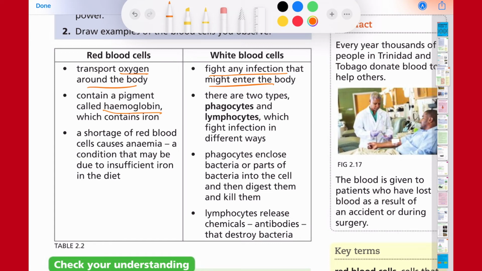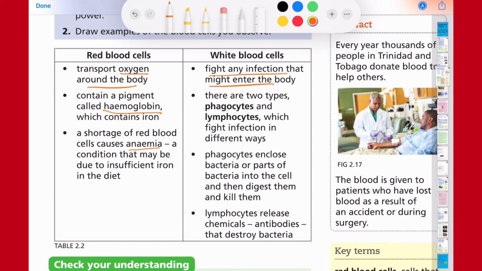A shortage of red blood cells causes anemia. So if anybody is anemic, they would be recommended to take iron supplements, right? A condition that may be due to insufficient iron in the diet. So you must eat enough foods that are rich in iron, such as green leafy vegetables.